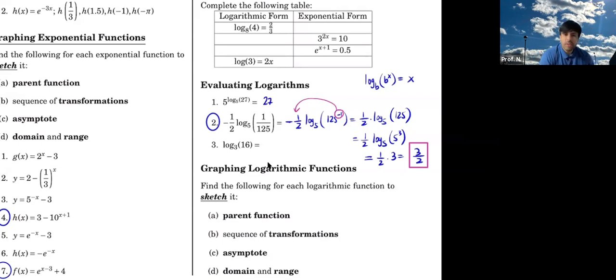Log base 3 of 16: 3 and 16 are not connected to one another, so you have to use a calculator for this one. If you don't have log base 3, you can use the change of base formula with any log. So this could be written as log of 16 over log of 3.